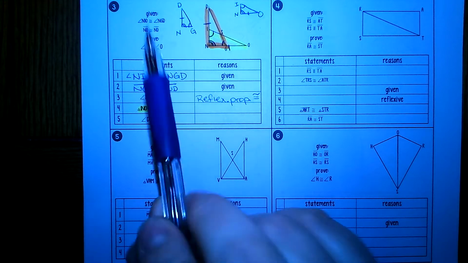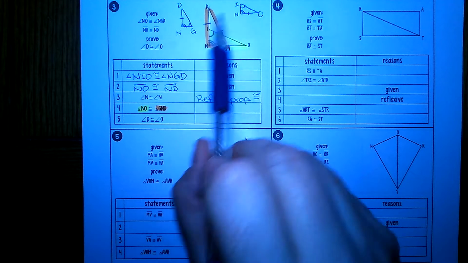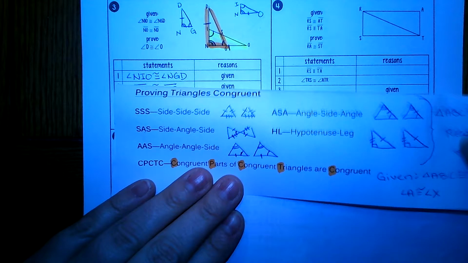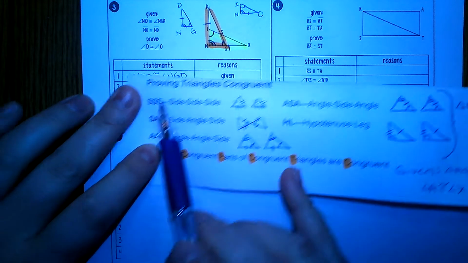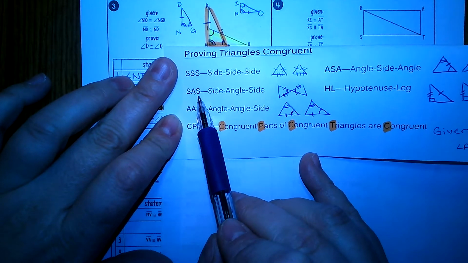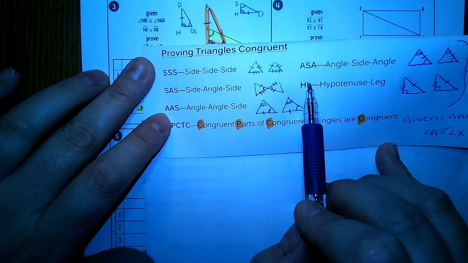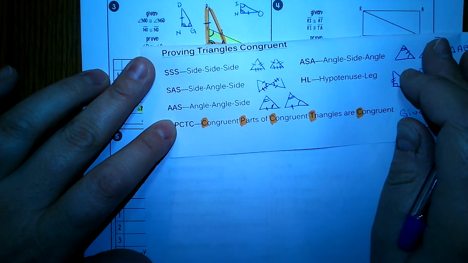So as I look at these triangles separated, I can see one of my 5 patterns of congruence. Okay, let's think back to our 5 patterns of congruence here. We've got SSS, SAS, ASA, AAS, and HL. Okay.